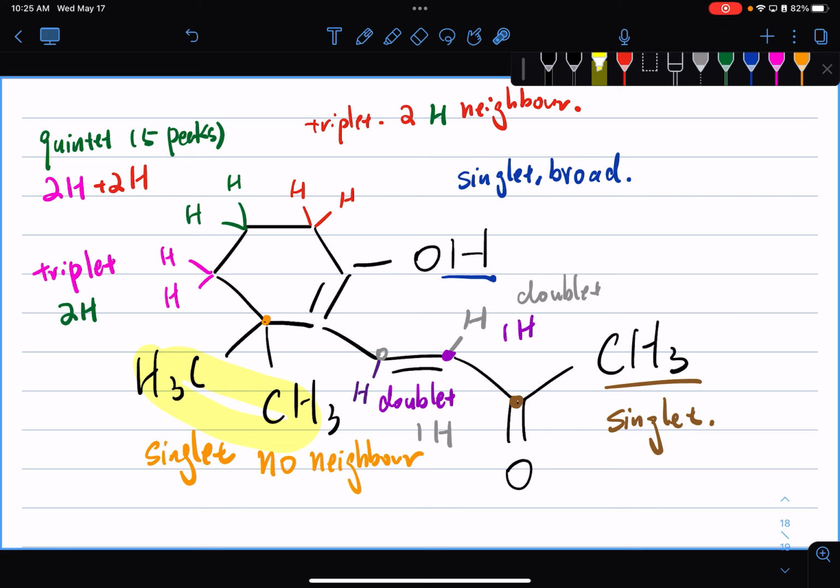It doesn't appear as a splitting pattern. Oh, sorry, I have more questions. Then why in the three pair top, the pink, green, and red, why does it have 5? Well, each of your hydrogen here have 4 neighbors. Oh, and that one. All right?